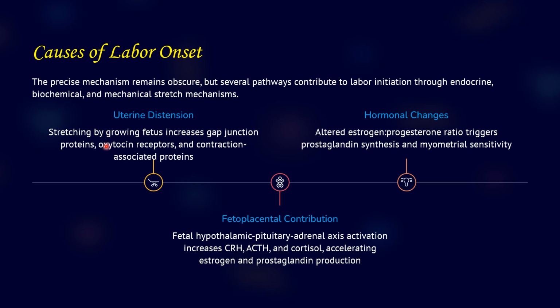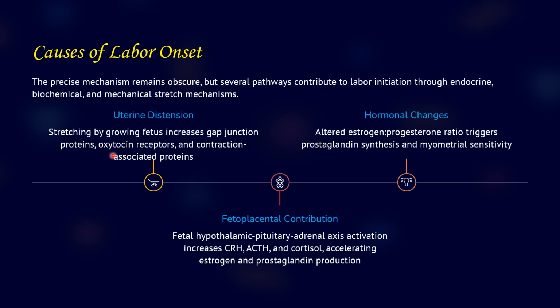Okay, so now what does it do? It eventually increases the gap junction protein. Now what does this gap junction protein do? It helps the smooth muscle cells of the uterus connect more closely, so that the whole uterus contracts together as one.